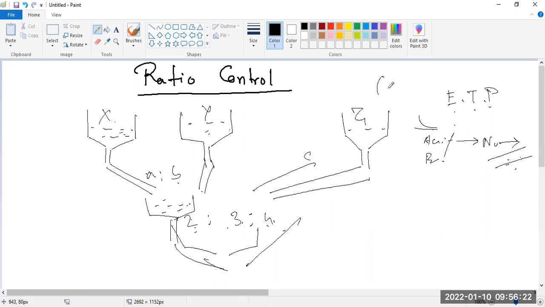So this is a boiler. In the case of a boiler, there is the exhaust gas, and there are so many environmental protection rules. After purifying these things, then we can dispose it into the atmosphere. So here some ratio control is required for this purpose. First, this is a huge application for the ETP, effluent treatment plant.